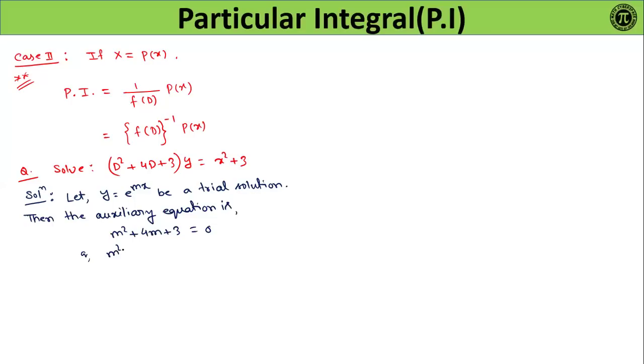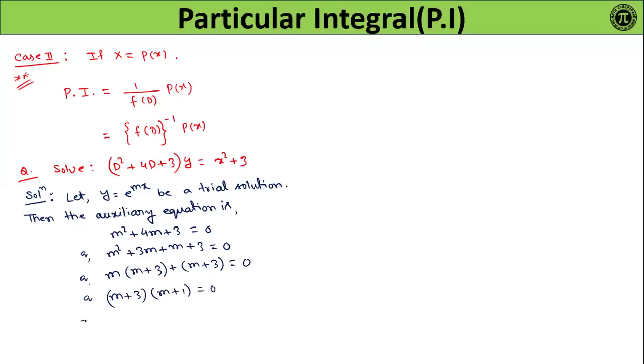Or m square plus 3m plus m plus 3 equals 0. Or m into m plus 3 plus m plus 3, this equals 0. So you are getting m plus 3 into m plus 1.